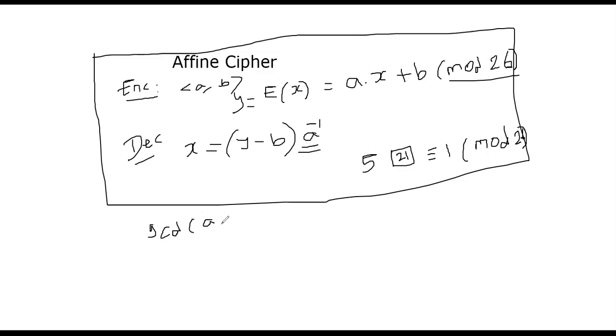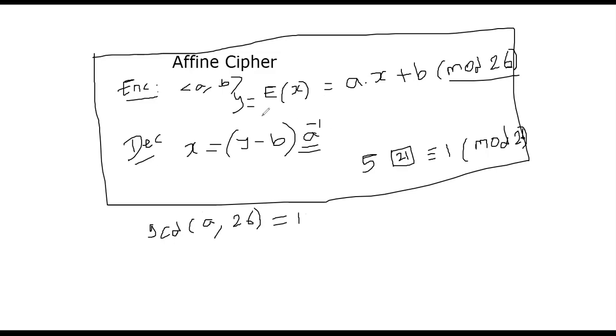If A and 26 do not have 1 as the GCD, then it is impossible to compute A inverse. I can prove that later, but you can take it on faith that the GCD of A and 26 has to be 1, then you will be able to successfully decrypt your input ciphertext.